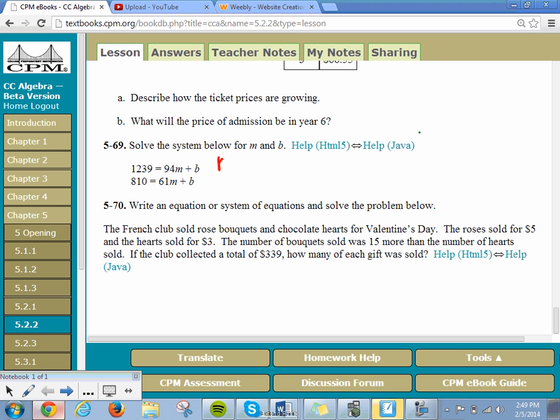All right, so the first thing we want to do is define our variables. Looks like we're going to be talking about rose bouquets, so I'm going to call that R is equal to the number of rose bouquets. And then C is equal to the number of chocolate hearts we sold. Then I want to start putting together some equations.